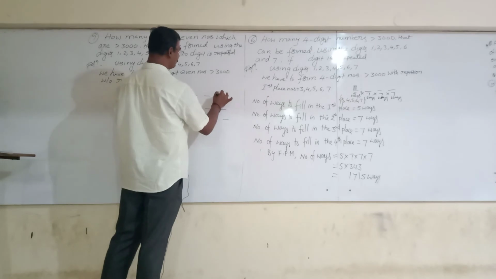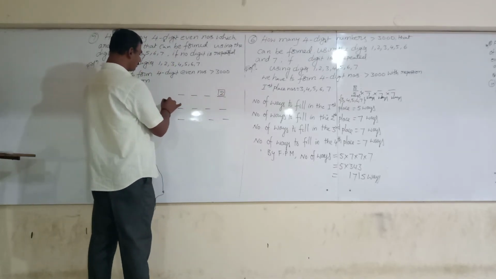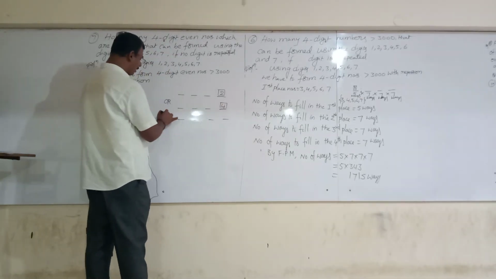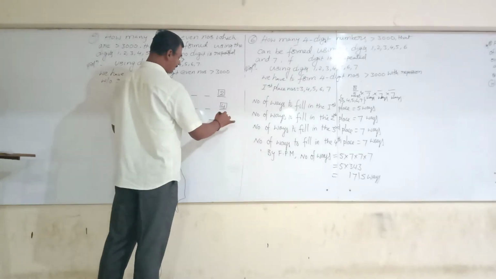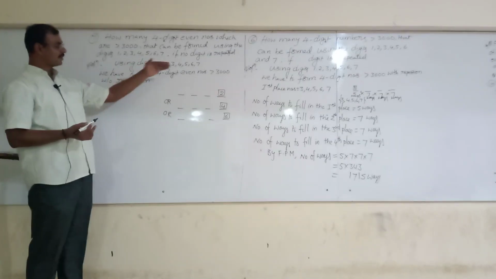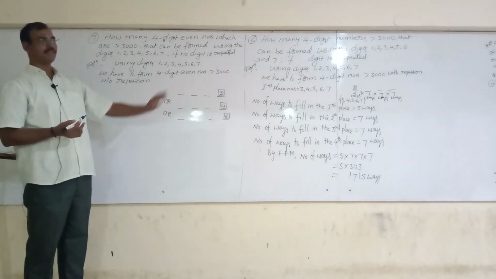So in the unit place, I have to fix either 2, or 4, or 6. So with 2 in the unit place, find how many 4-digit numbers are greater than 3000.